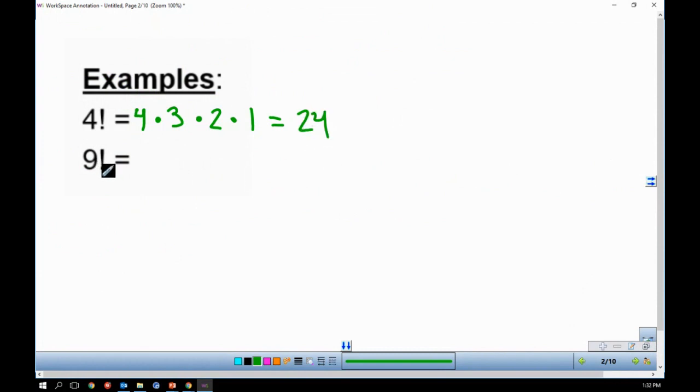Now let's say we had 9 factorial. How would I do that one? That's right: 9 times 8 times 7 times 6 times 5 times 4 times 3 times 2 times 1. Now, I don't want to sit here and enter all of that into the calculator, not when I can do a couple of steps and have the calculator calculate it for me.